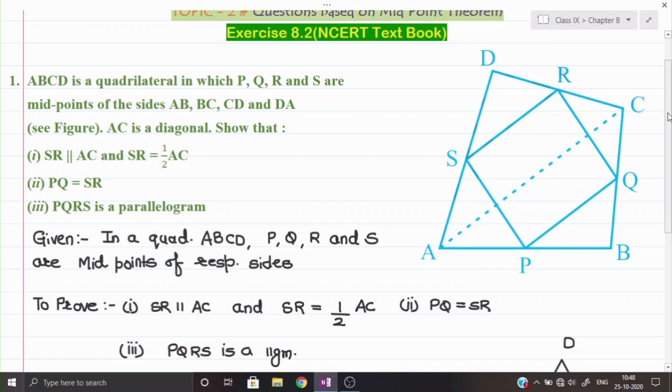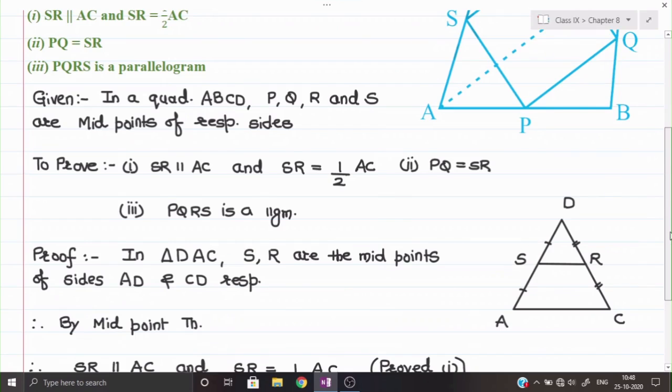So when we join the line PQ, PQ will be parallel to the third side, means parallel to AC, and PQ will be half of AC as well. Because in triangle ABC, AC is the third side. That we will write down similarly here.